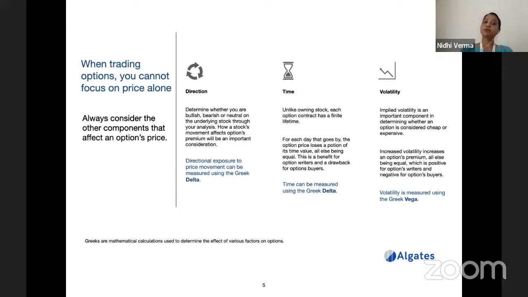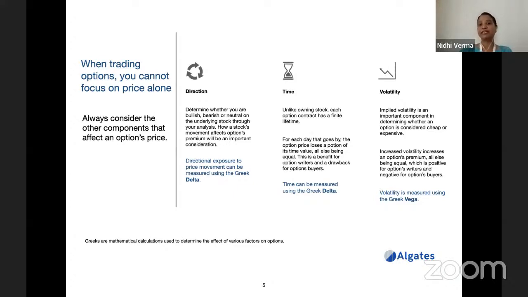So when you are trading in options, you need to understand not only the direction of the movement of stock prices, whether you are bearish or bullish on the underlying stock. You also need to understand what time frame you are working with, what the maturity or expiry of that trade is, and till when you are planning to be in that trade, which may not actually be the expiry.